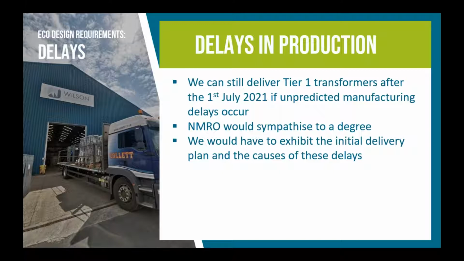We would have, though, to exhibit the initial delivery plan and causes for these delays to them if they ask. So if a delay happens, then it's out of our hands. We can still deliver Tier 1 after that date if a delay happens. But we have to exhibit that that wasn't the intention.